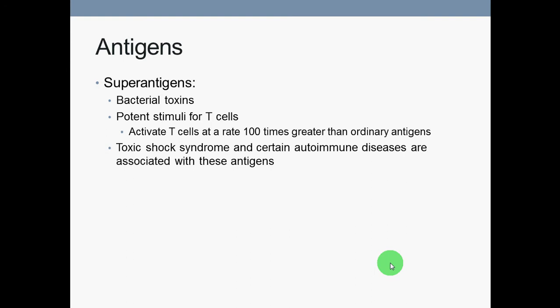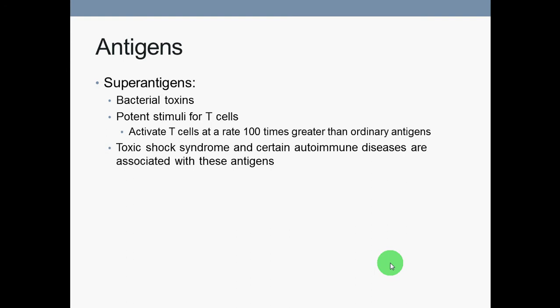Now there are some things that are considered superantigens. Usually those are bacterial toxins, and again, these are things that are definitely foreign to the body. The problem with a superantigen is that they're extremely potent in stimulating the immune response. They can activate T cells at a rate that's 100 times greater than a normal antigen.